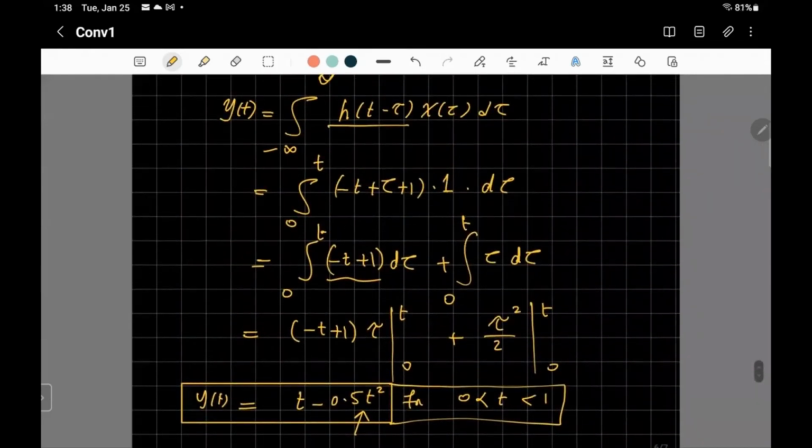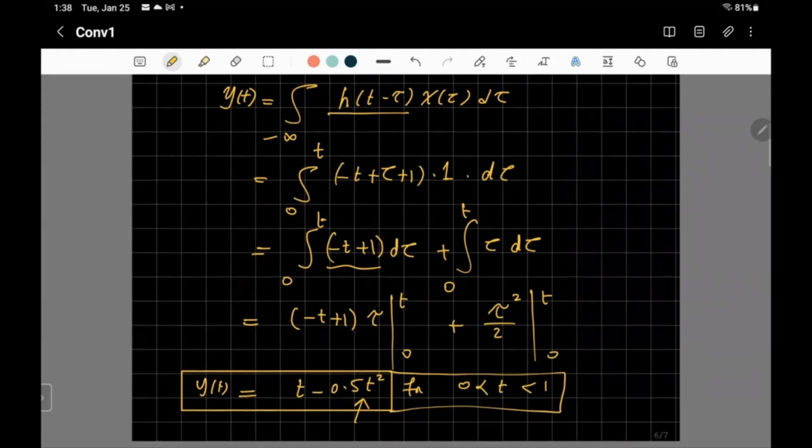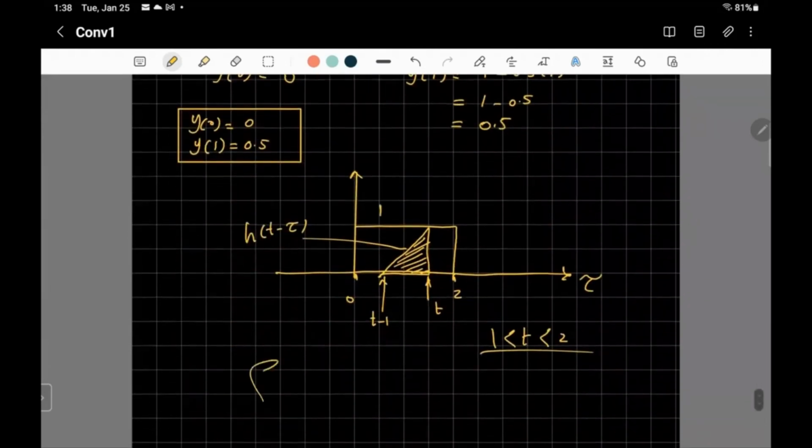All these steps are the same, but I have to be careful about the limits. So let us write the limits of integration. The limits of integration from what to what? Not minus 1 to t. Just look at the overlap.